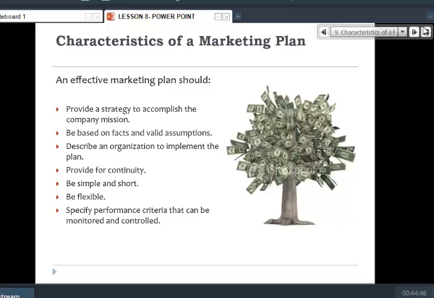The marketing plan must have a strategy, and be based on facts and valid assumptions. So the marketing plan must be grounded on solid ground, on solid soil. Okay, so the marketing plan must have a solid ground floor.